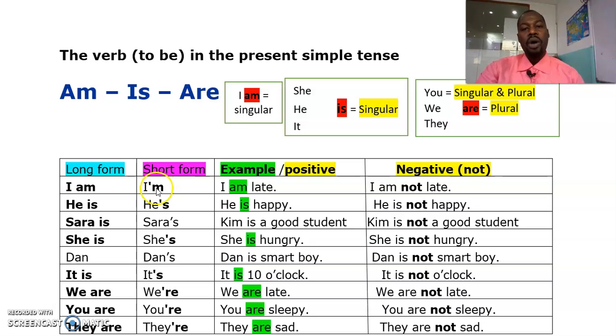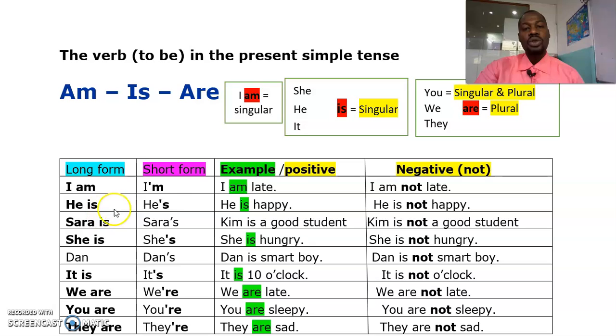What does apostrophe mean? For example, I am, and here, I'm. So we remove the A and put an apostrophe. When you use an apostrophe in short forms, don't use the whole words. Remove the A and put an apostrophe to make it short.